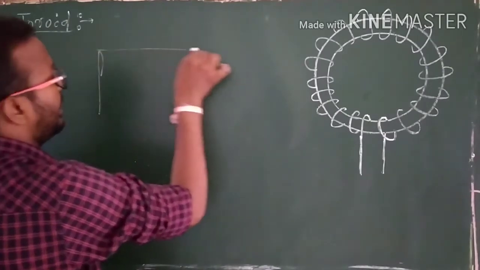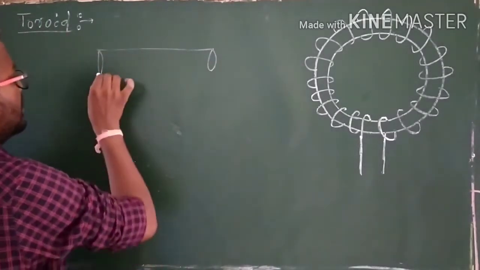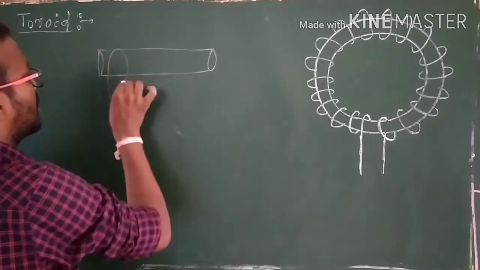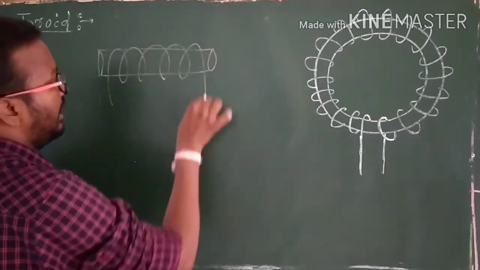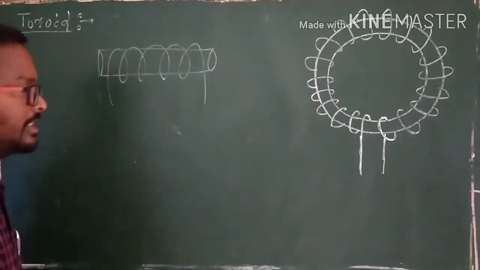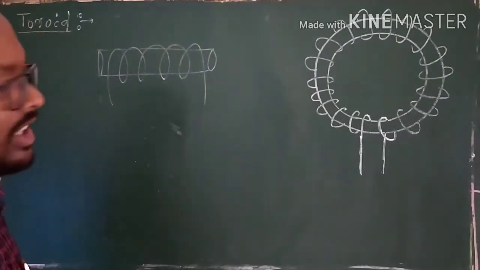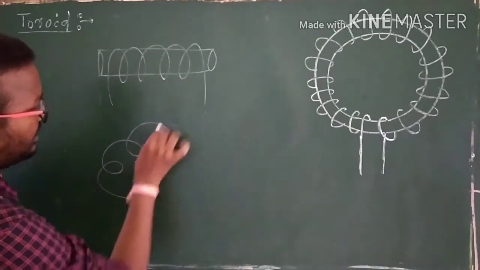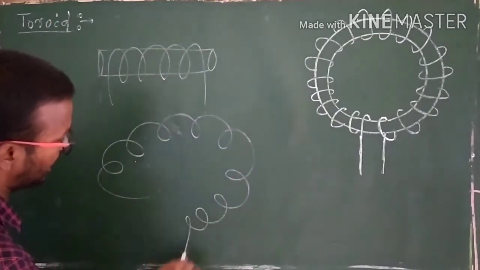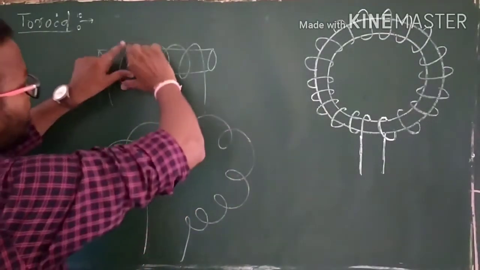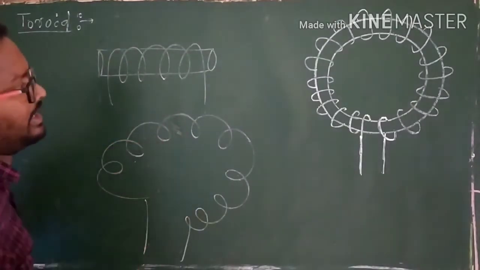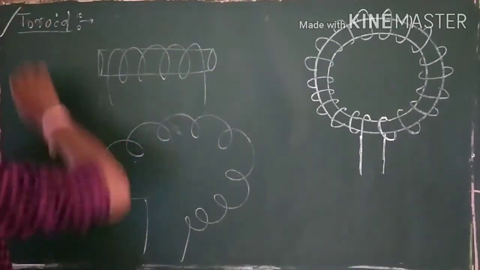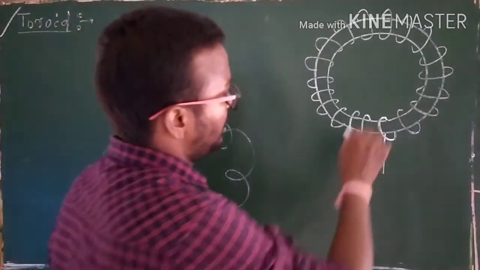Suppose we have a non-conducting material or insulator, and a number of turns is wound over it, making a solenoid, which looks like a cylindrical coil. If we bend this solenoid in the form of a ring, then this ring is known as a toroid. Clear? So this is the toroid.